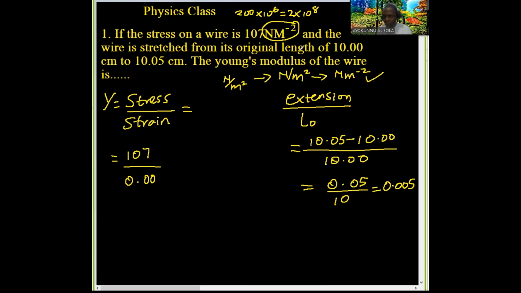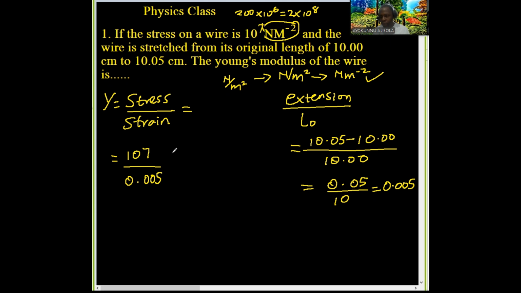It could be 10 raised to the power 7, not minus 7. That minus does not affect this. So I think this is 10 raised to the power 7 in the question itself. Because if we use a different value, definitely we are going to get a different answer. So let's make it 10 raised to the power 7.